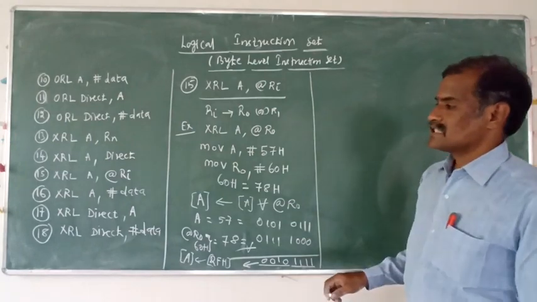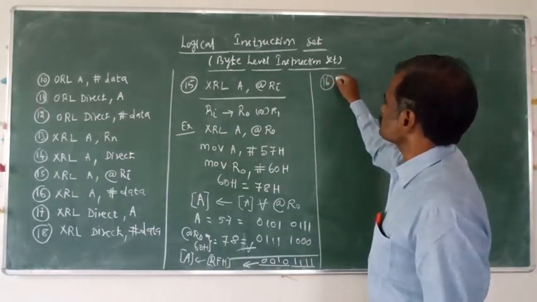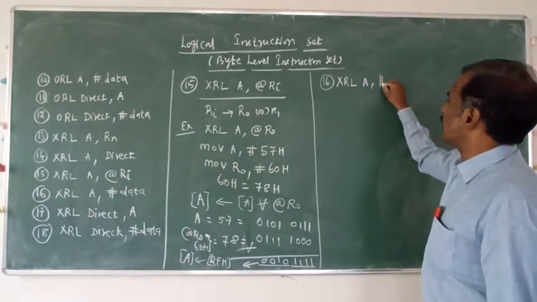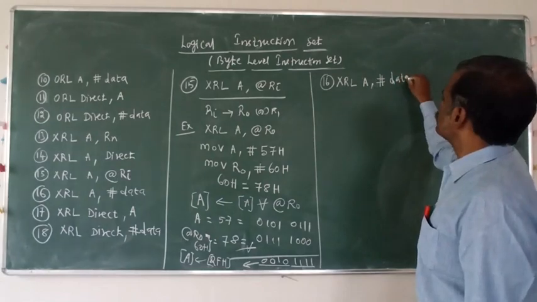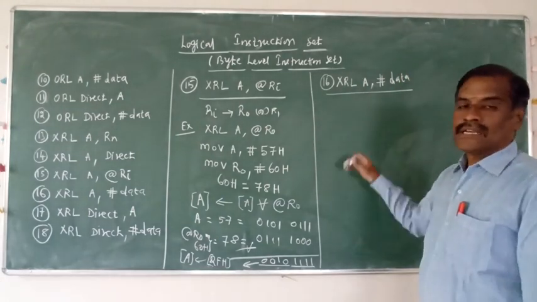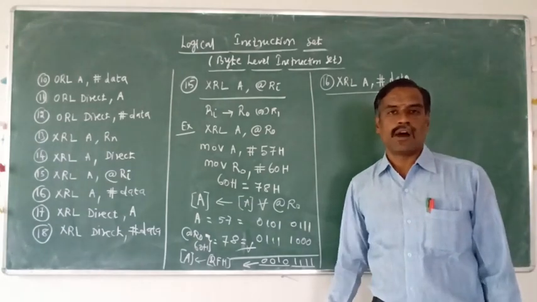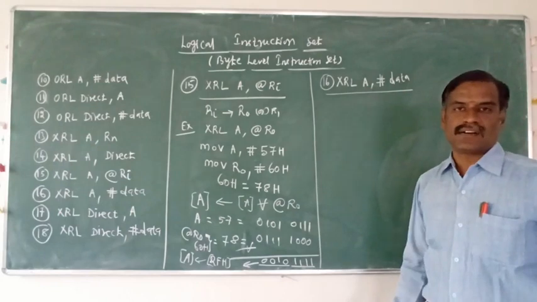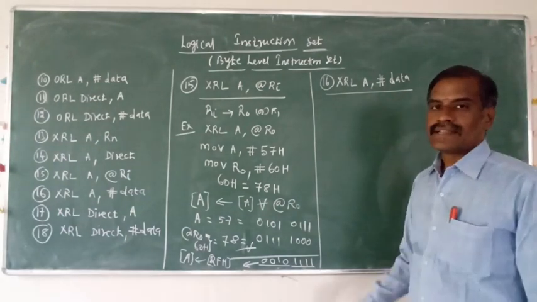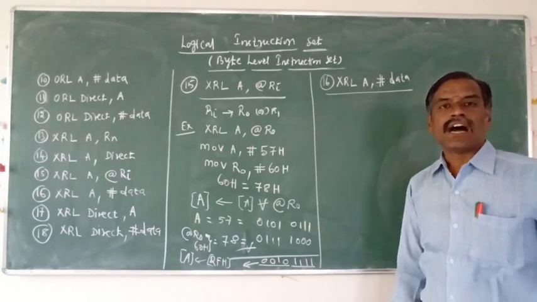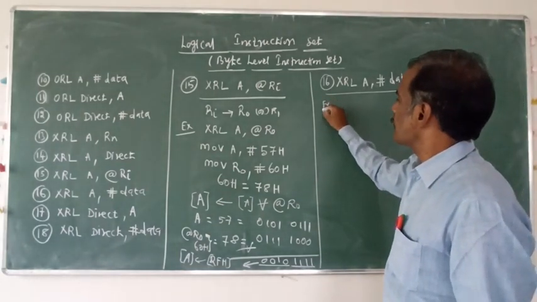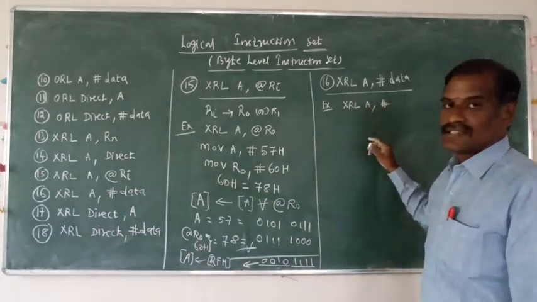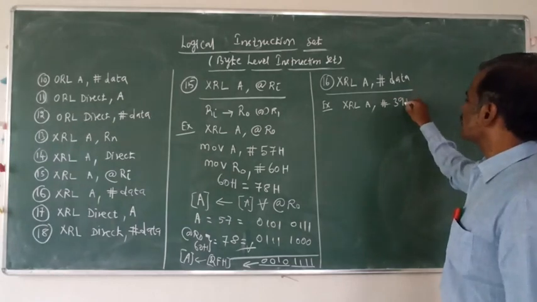The 16th instruction: XRL A, #data. This is also exclusive-OR of the accumulator with immediately given 8-bit data, and the result is always moved to the accumulator. Example: XRL A, #39H.